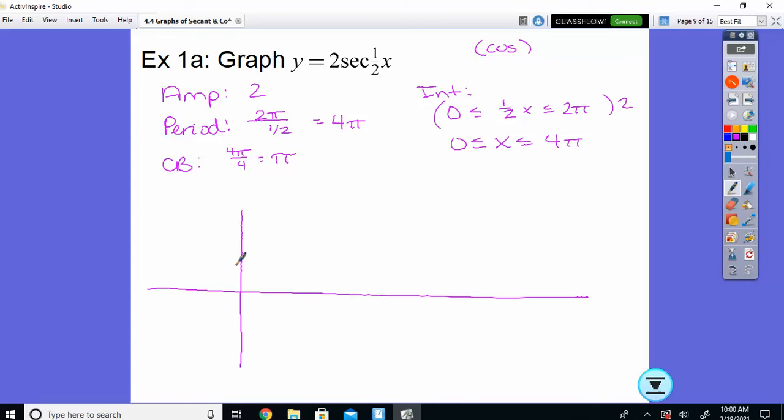No up, down, flipping, or anything like that on this graph. So my interval starts at 0. That is my first point when my x is 0. Add your count by. So next would be pi, 2 pi, 3 pi, and 4 pi.